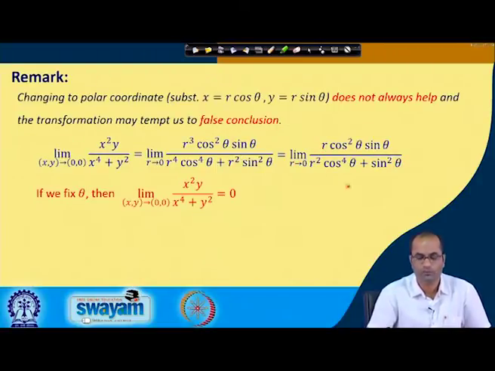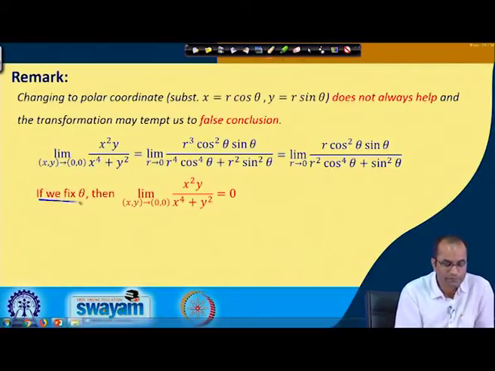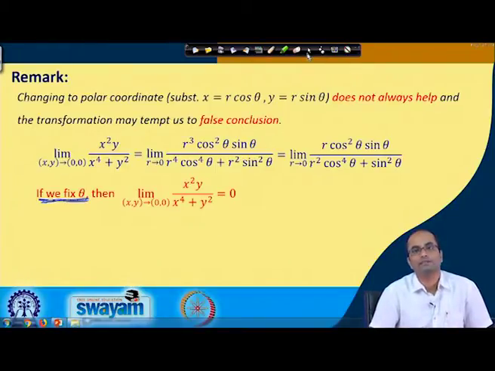So, we can conclude that this is 0, no doubt about it, but the point to be noted here is that we have fixed theta. So, for a fixed value of theta this is 0, but as for the limit we have already discussed that we should not fix theta to conclude that this is the limit.